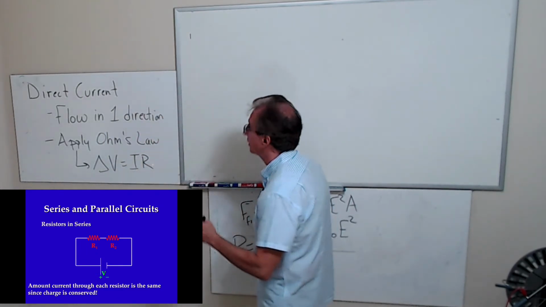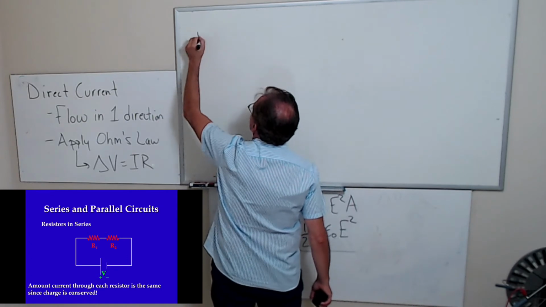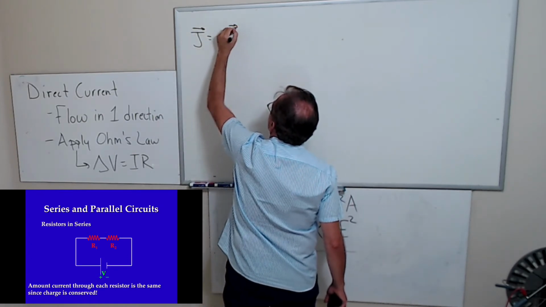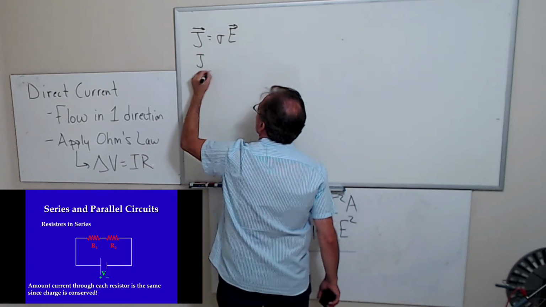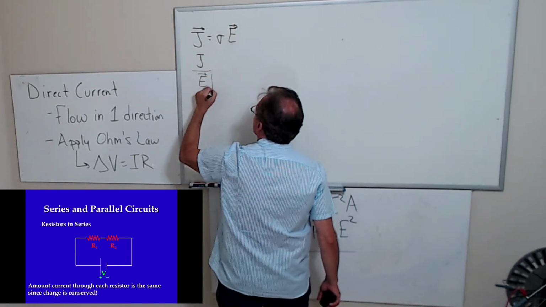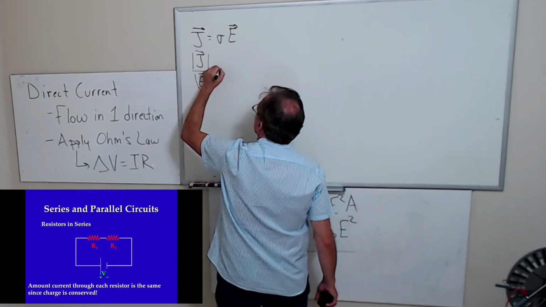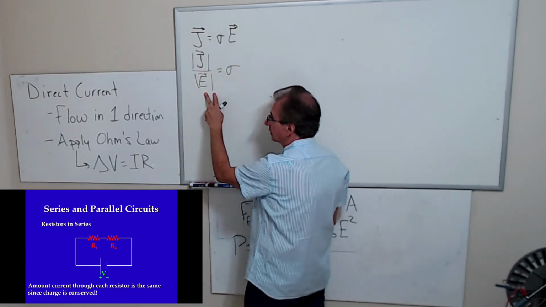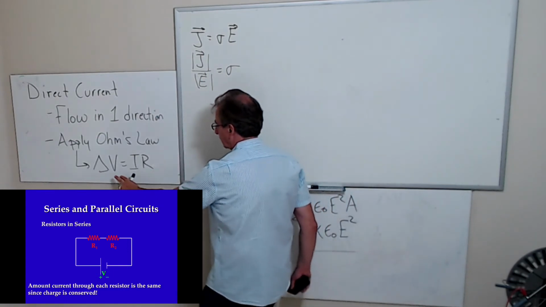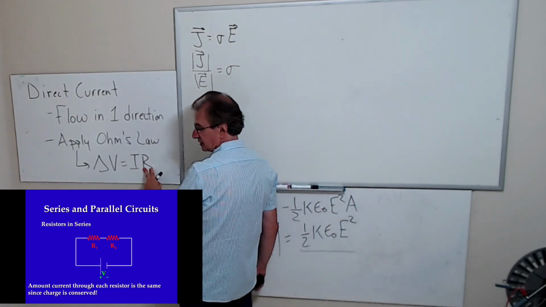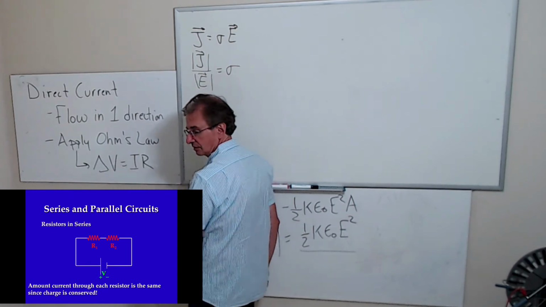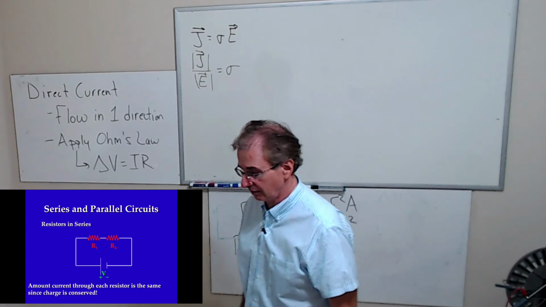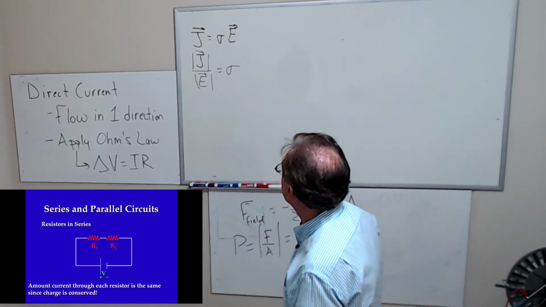But in reality, Ohm's law really is this relationship where J over E is a constant independent of the applied electric field. Of course, if you write it this way, delta V over I is a constant independent of the applied voltage. But this is the original way Ohm's law was written.